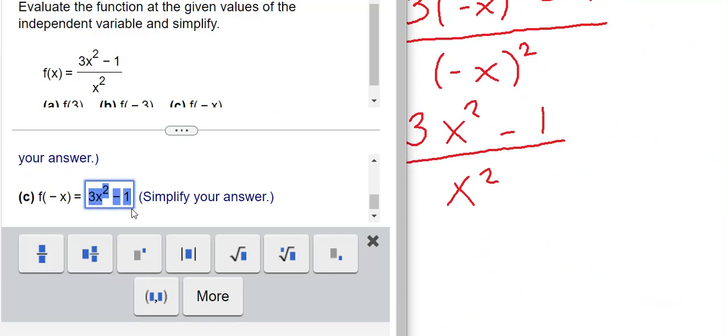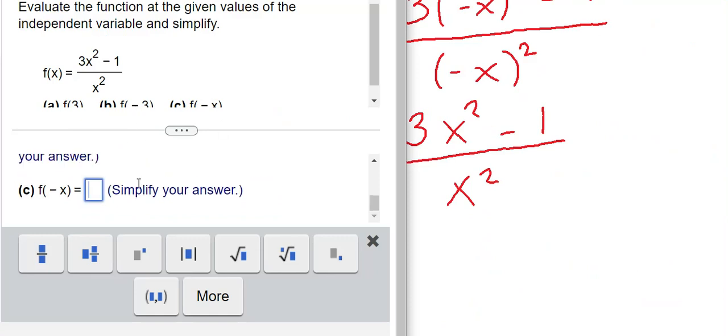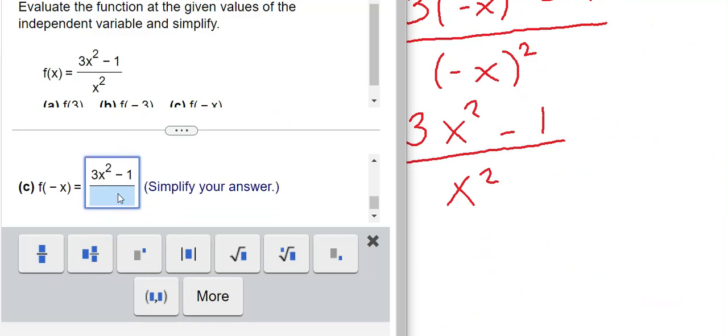I'm going to highlight that and hit my fraction key, and then I'll put in x to the second. So did you see how I did that? I went ahead and did the whole numerator, 3x to the second minus 1. Highlight the whole thing, hit the fraction key, and then x to the second. You can also hit the fraction key first.